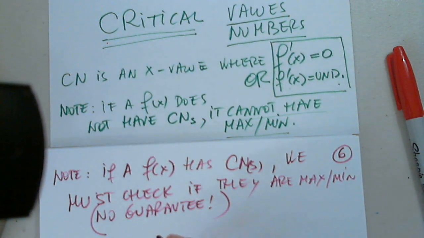-2. So for x equals -2, very good. We see a relative max. Looking at this, would you agree that x equals -2 must be the critical value, or critical number? It must be.